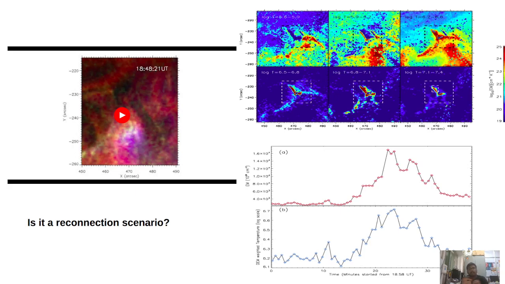Using the temporal evolution of the event in different temperature bands, you can find out more thermal information about that event, which is what we utilized in this work to prove that there can be a reconnection going on in this particular region, as you can see from this animation.